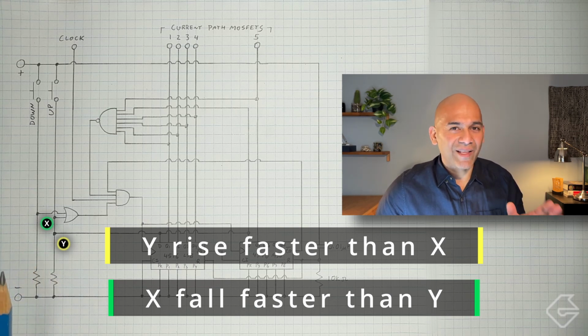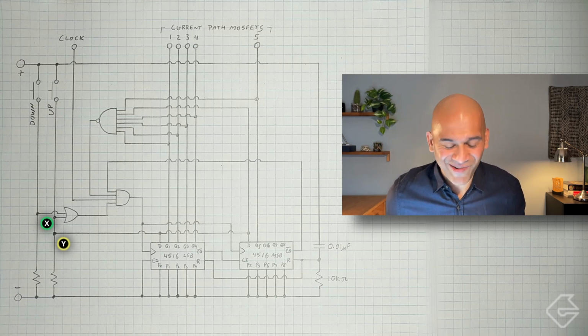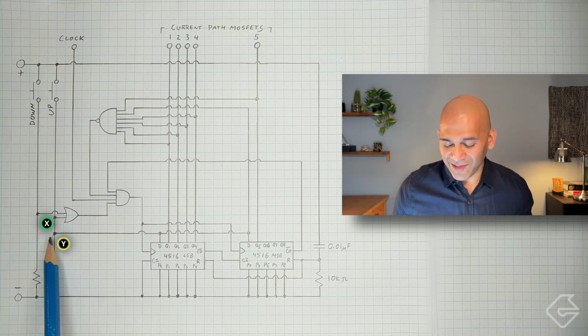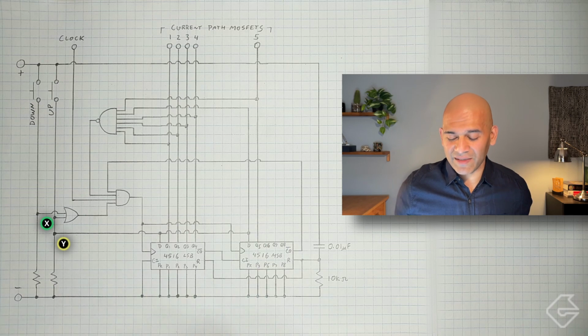That is exactly what we're after. And how are we going to induce that kind of timing? With capacitors, of course. So we have to put some capacitors into these points, point X and point Y, so we can control the timings independently.